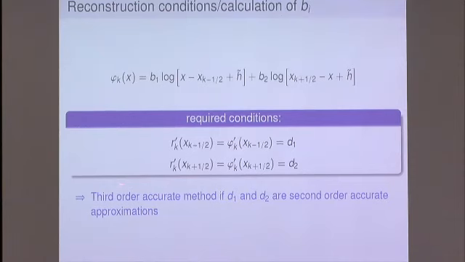And then you can show that if these derivatives are of second order accuracy, then this reconstruction for a given function will agree with that function with third order accuracy. It's some type of Hermite type proof to give a proof for that.